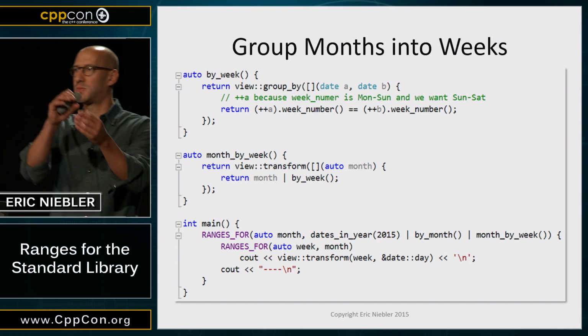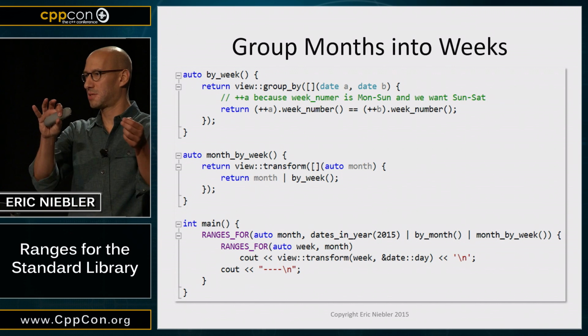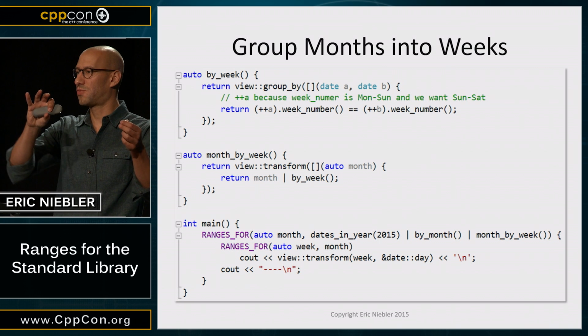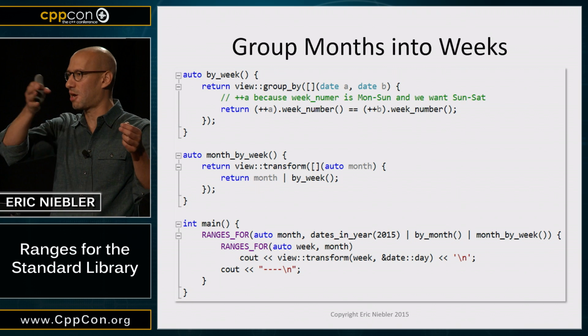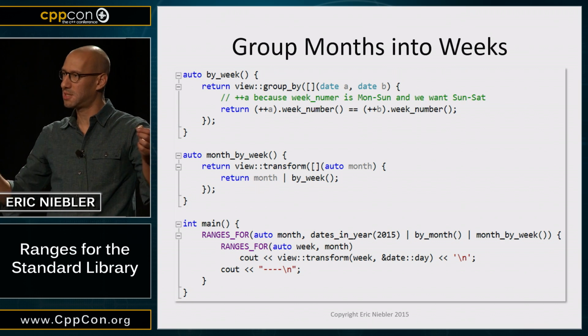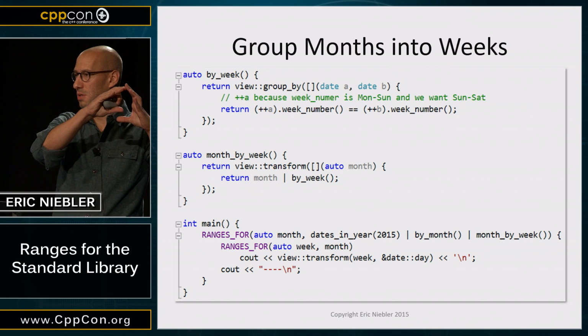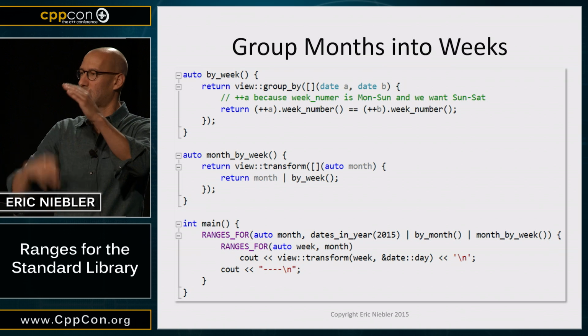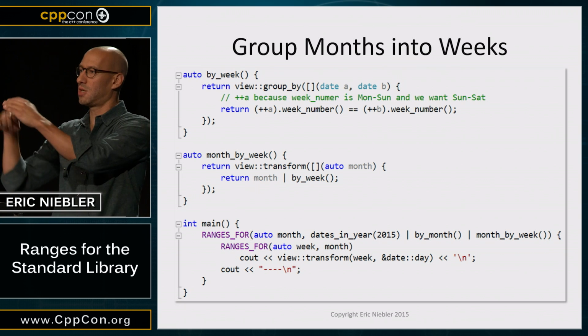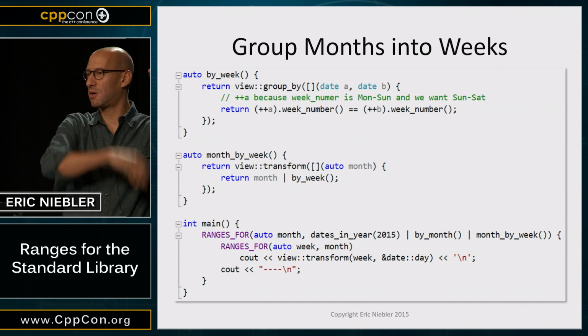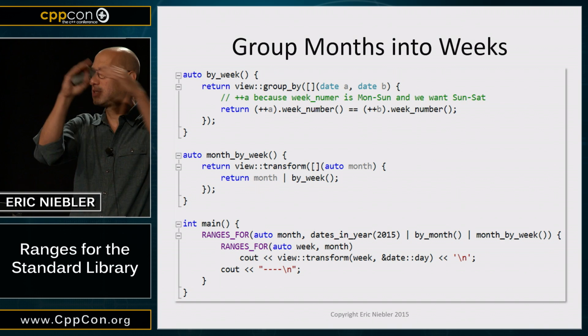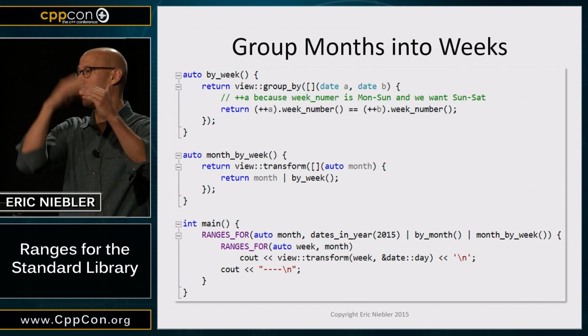Yeah. So what we did was we carved the year into months, and then we transformed each month by carving each month into weeks. What you still have, though, is a range of months where each month is a range of weeks. So when you iterate over the outer thing, you're still iterating over months. You're not iterating over weeks.